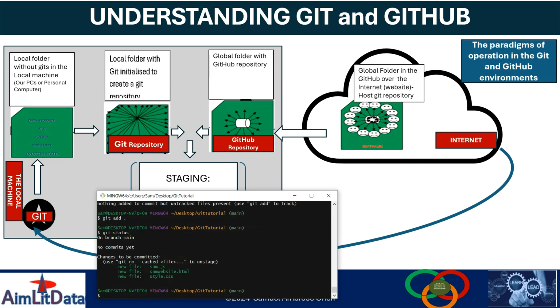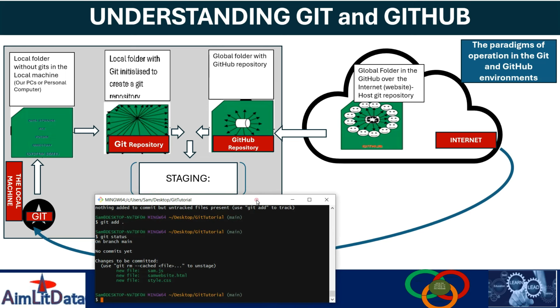You can see there. So we are going to do our first commit right now, my friend. We have seen the staging area, where you can put the file or files that you are going to commit in the staging zone.